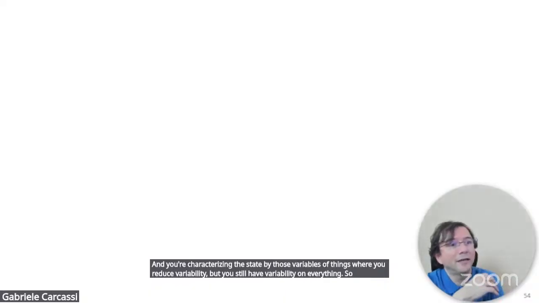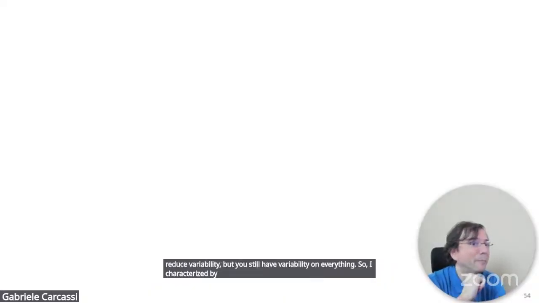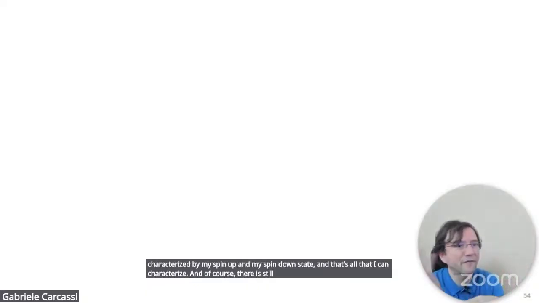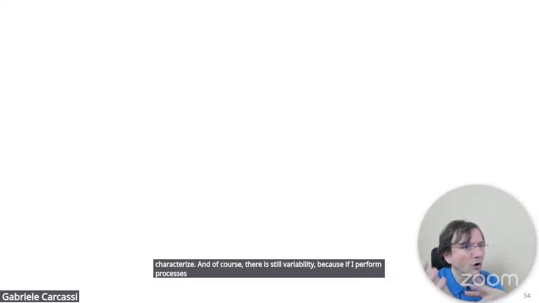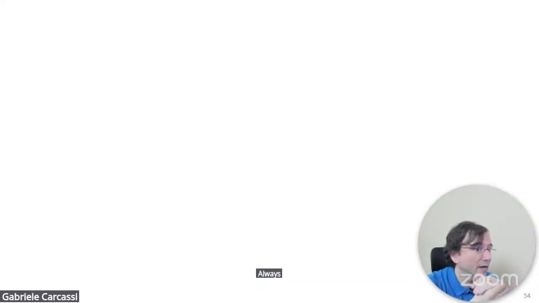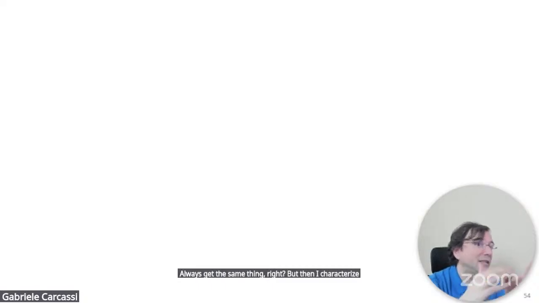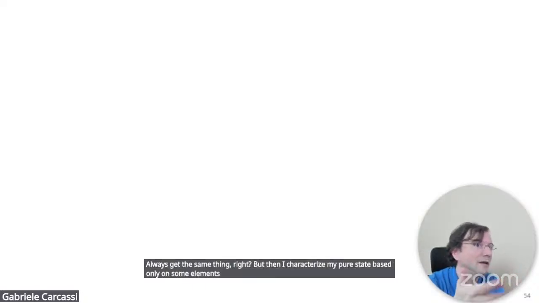So I characterize my spin up and my spin down state, and that's all that I can characterize. And of course, there is still variability, because if I perform processes and measurements on other things, I see that there is variability because I don't always get the same thing, right? But then I characterize my pure state based only on some elements, even though even in that pure state, not everything is well specified. Does that make sense?